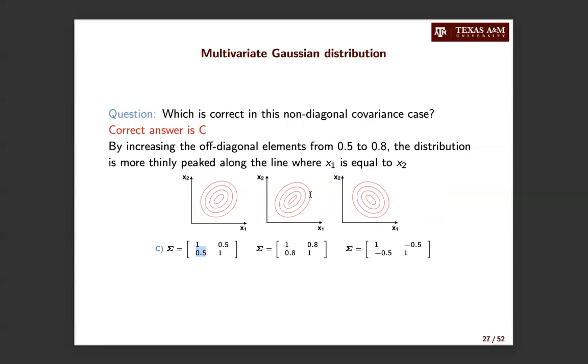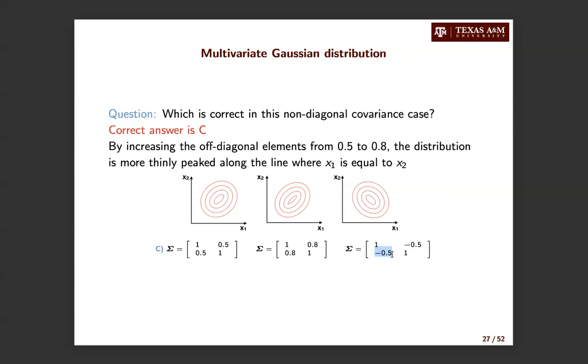Here we have a higher correlation between these two variables, x1 and x2. That is why these non-diagonal elements are close to 0.8. And finally, here we have a negative correlation between x1 and x2. That is why these non-diagonal elements are approximately -0.5.